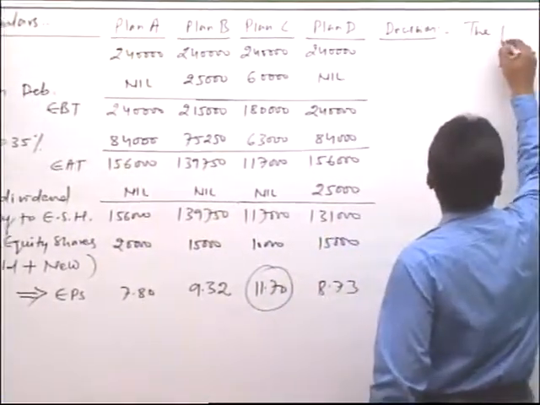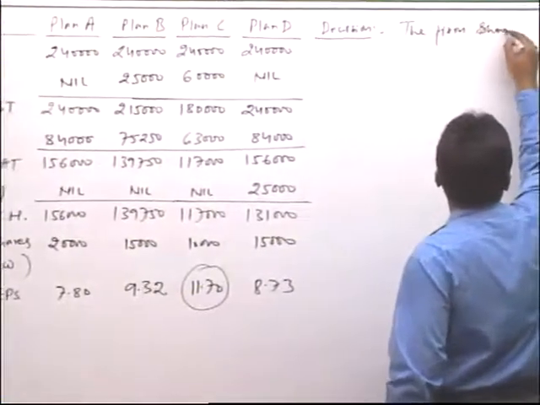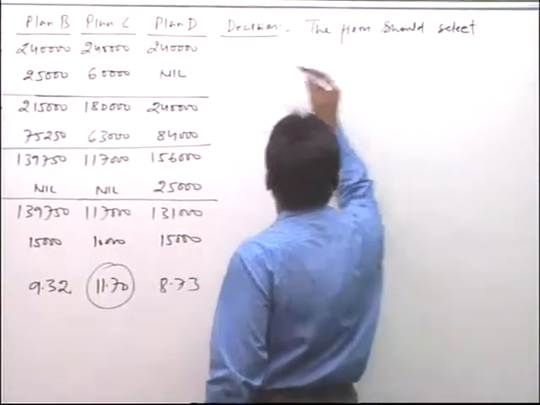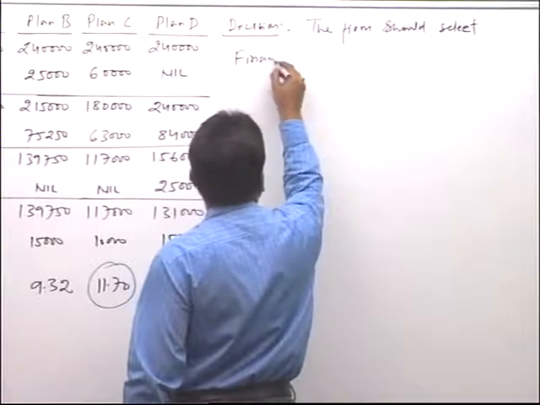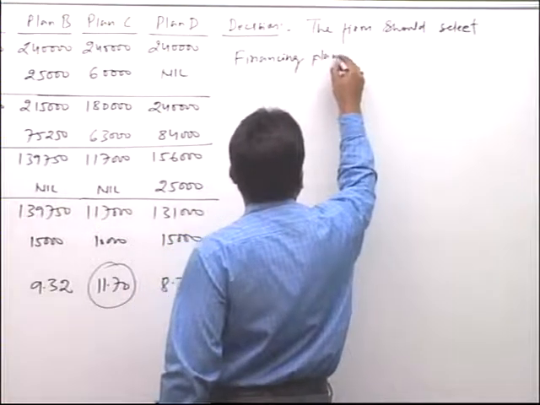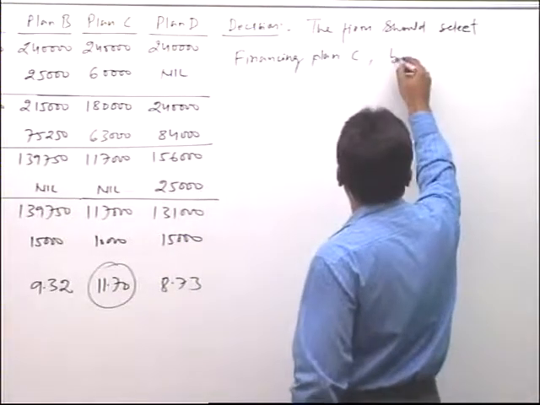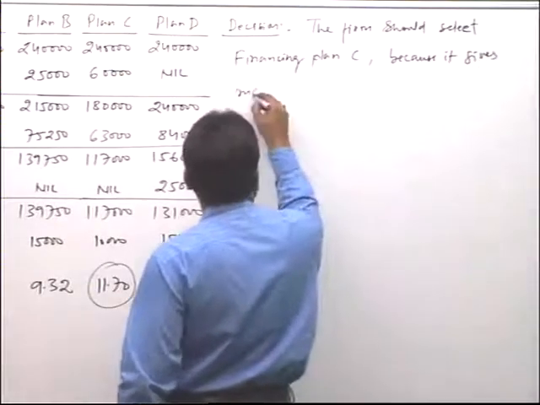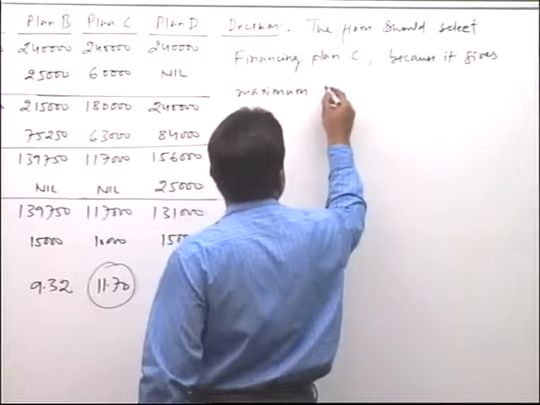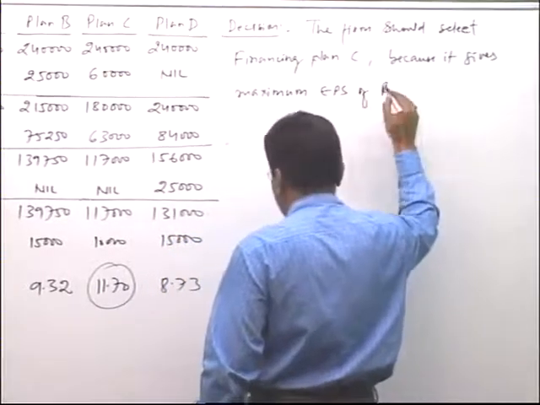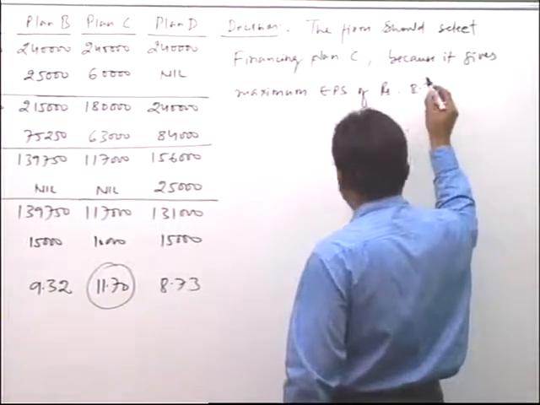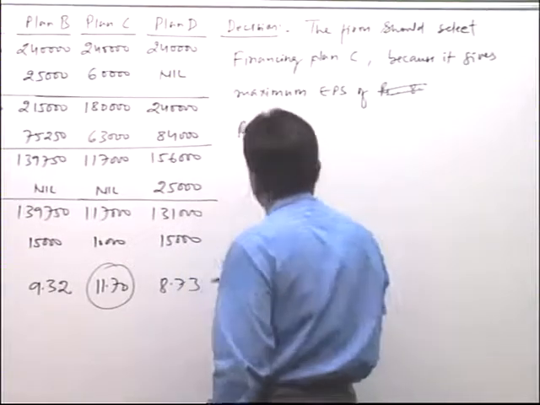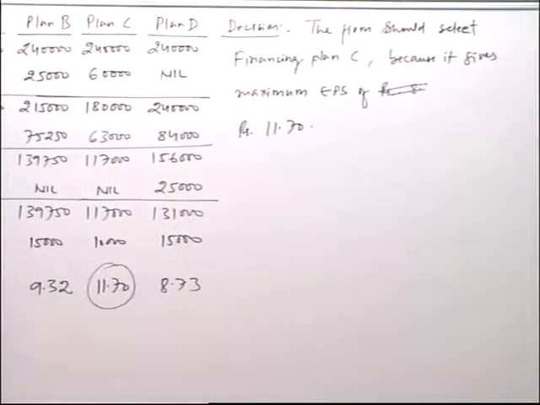The firm should select financing plan C because it gives maximum EPS of rupees 11.70.